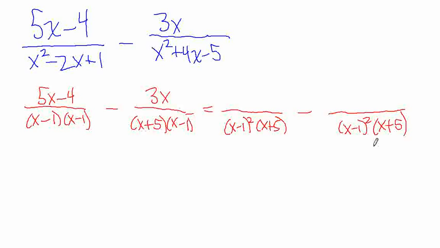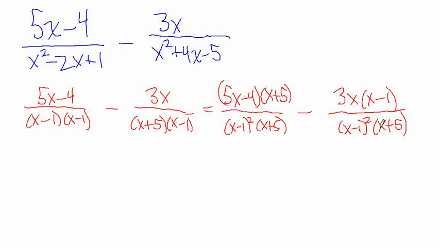In order to convert the first denominator to the desired denominator, I have to multiply by x plus 5, so let's multiply the numerator as well. For the second one, I had to multiply the denominator by x minus 1, so let's multiply the numerator by x minus 1.